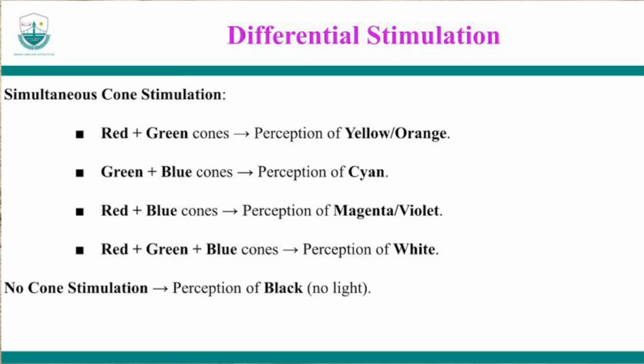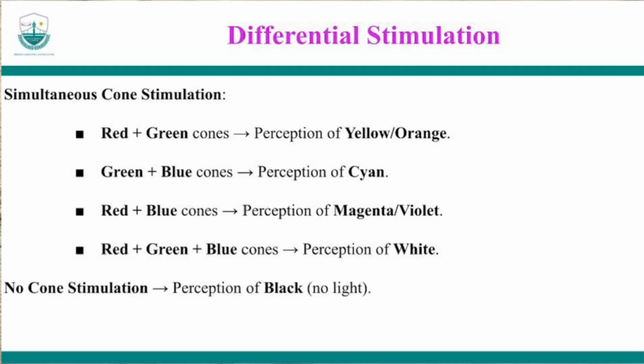If two types of cones are stimulated at the same time, then other colors come in. When the red cones are stimulated together with the green cones, you will have yellow or orange. That's the color of the object that your brain will tell you.